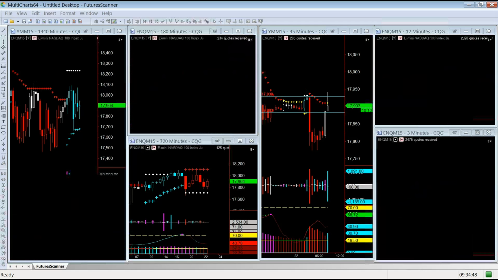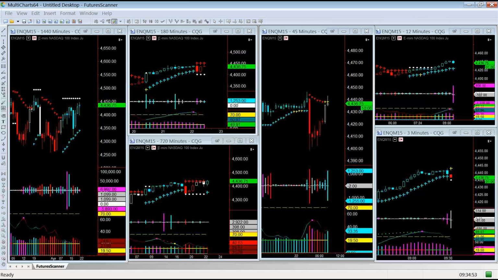You see that? In the way. I don't want that damn trade. Why am I trading into an area of resistance?